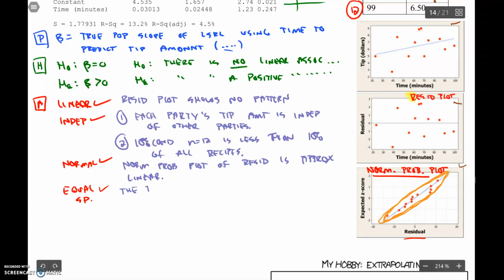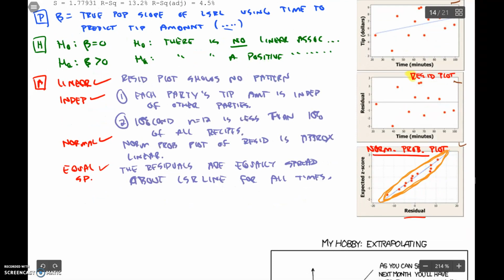The residuals are equally spread about the least squares regression line for all times of interest.